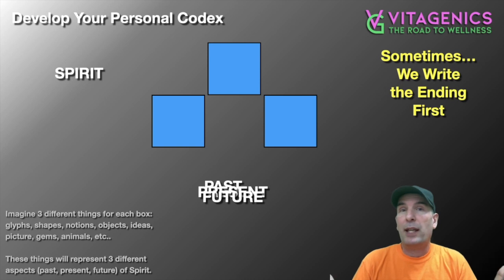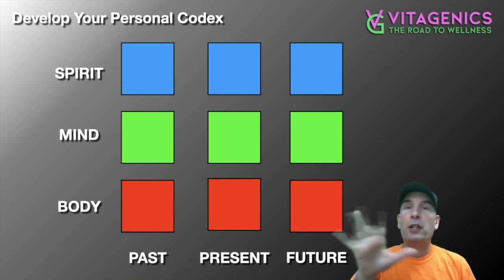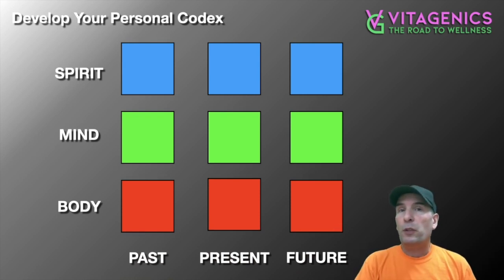Just like sometimes when people write a novel, they write the ending first, and then they figure out how they got there. Okay, so the same thing applies here. Whether you're looking at the spirit part or the mind part or the body part, allow yourself to explore ideas without limits, right? And so now you want to do this for all 9 boxes like this, right?